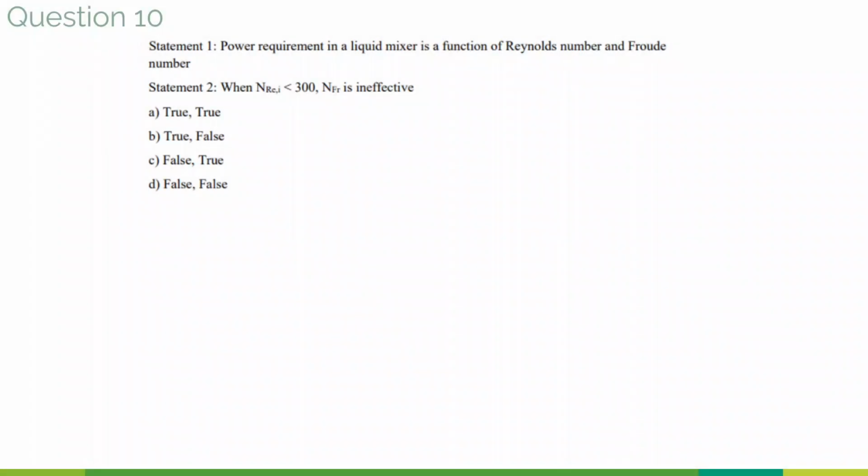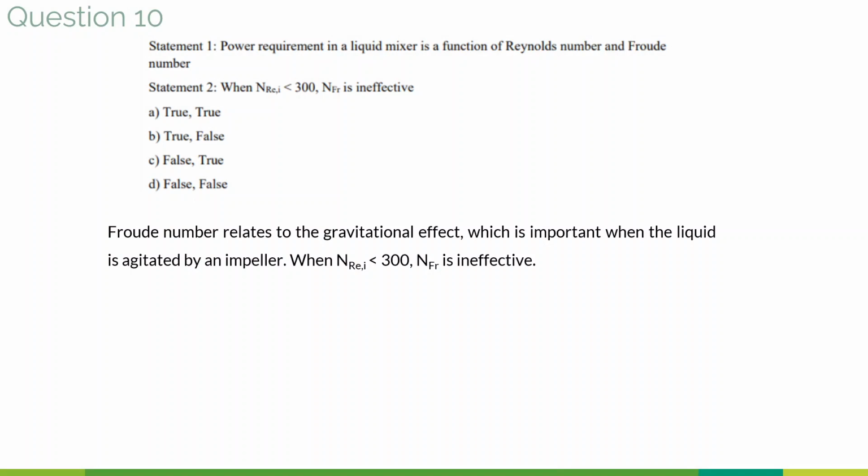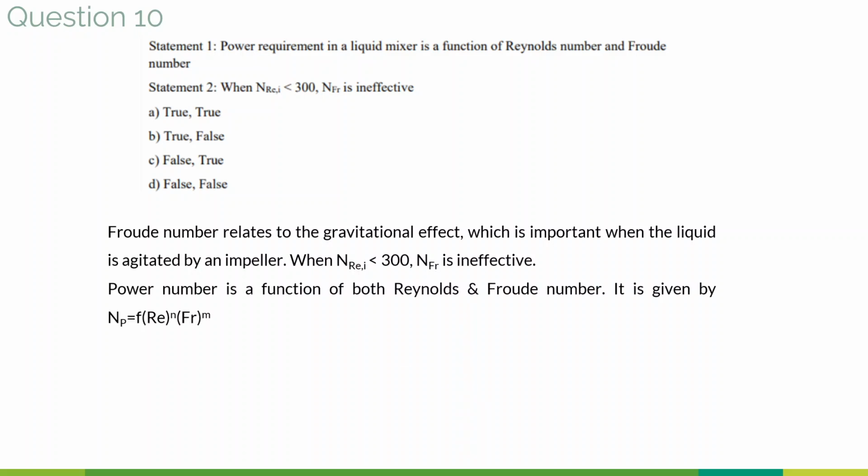When you're dealing with impeller Reynolds number less than 300, the gravitational effect is not that significant. Hence, you need not include the Froude's number in the calculation. So the answer is option A. That is, both the statements are true.